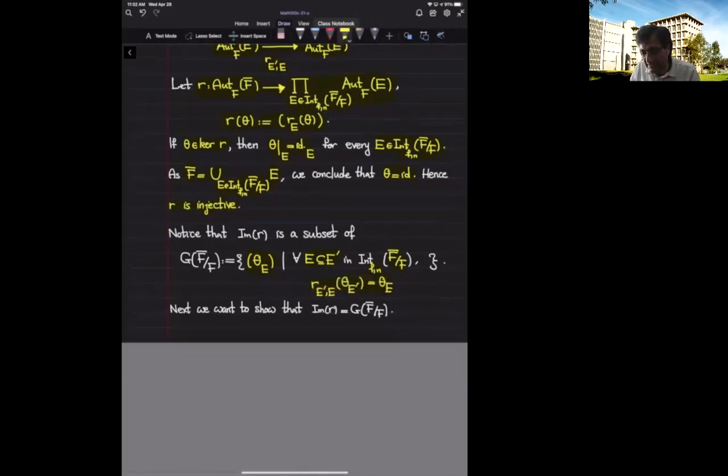These compatible elements of this direct product we denote by G of F bar over F. And the claim is that this is precisely the image of R.